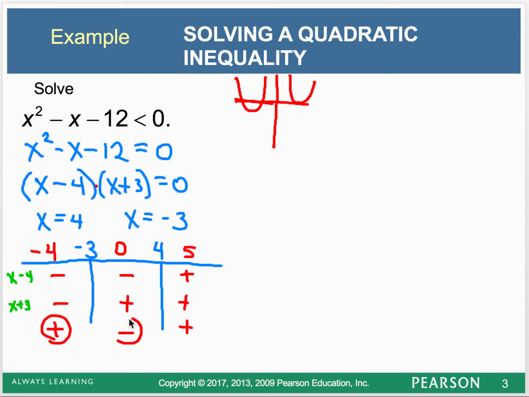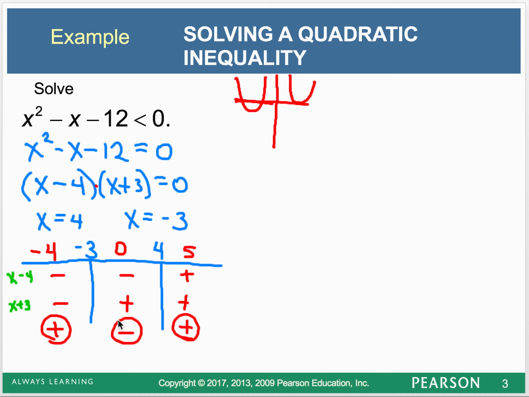Okay. So every single quadratic inequality is like this. I make it an equation, find my zeros, make a number line chart with test values, and then determine where it's positive and negative.